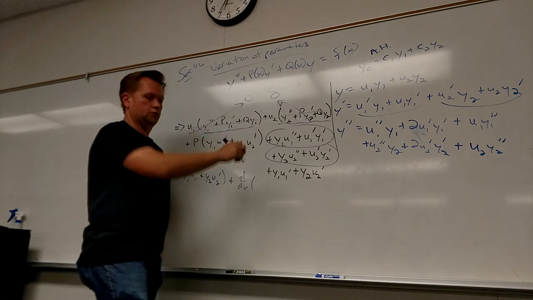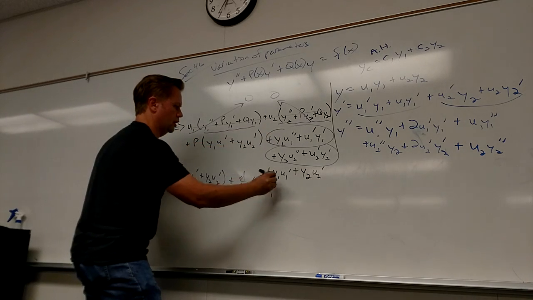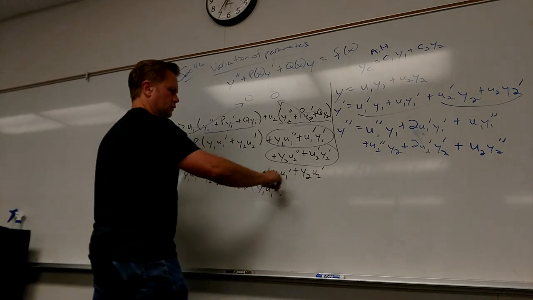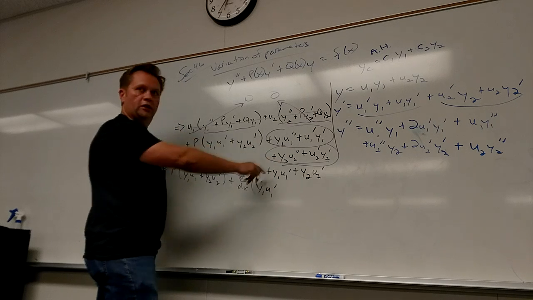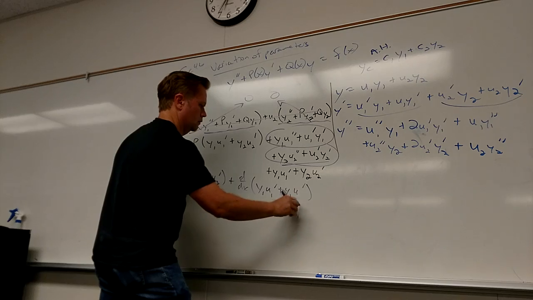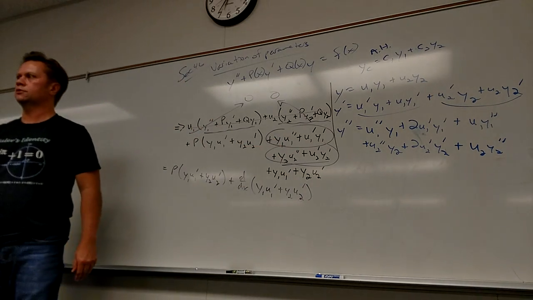Yeah, right? So it's the product rule of y1, u1 prime. You guys see that? Okay. And of course, this would be the product rule of y2, u2 prime. Because those are basically the same thing, ones with ones, ones with twos.